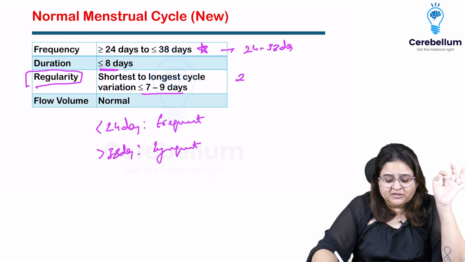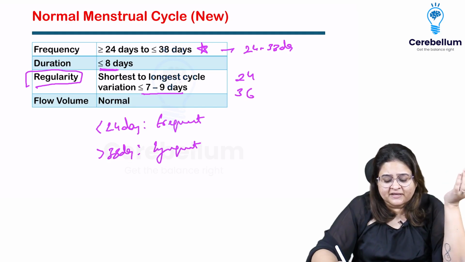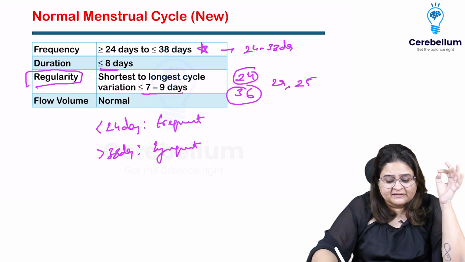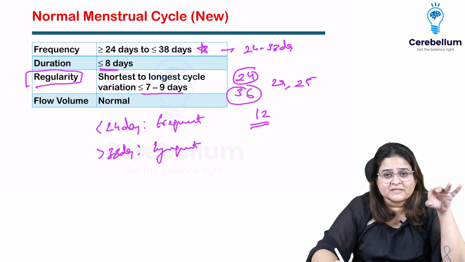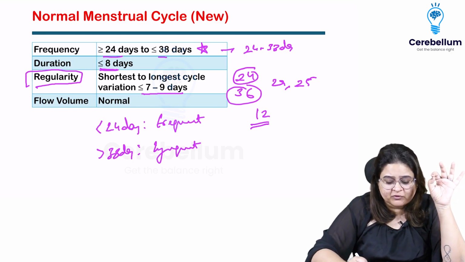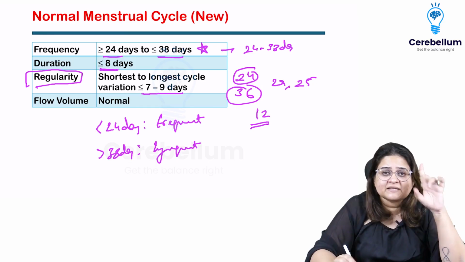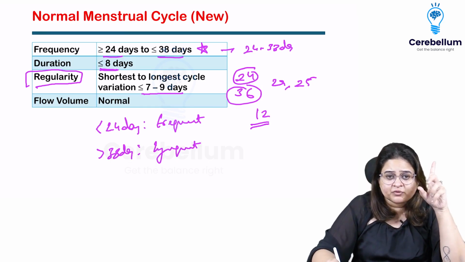That means, say 1 month she has a 24-day cycle, then a 36-day cycle, then a 29-day cycle, then a 25-day cycle. If you see the shortest and the longest, this is a difference of 12 days. Although it may be of normal frequency, because it's coming between 24 to 38 days, it is still irregular. So that's another important concept.